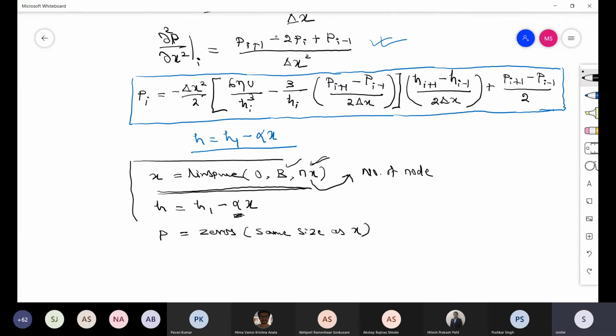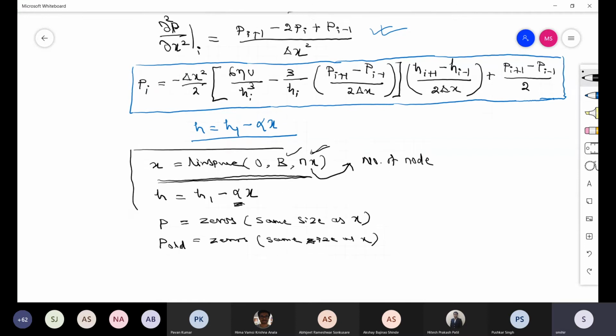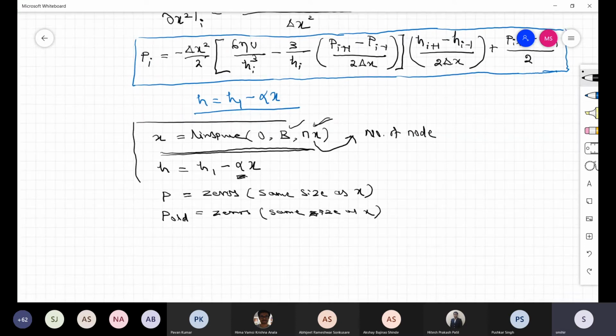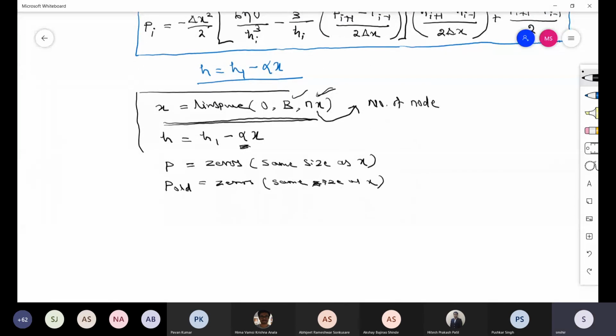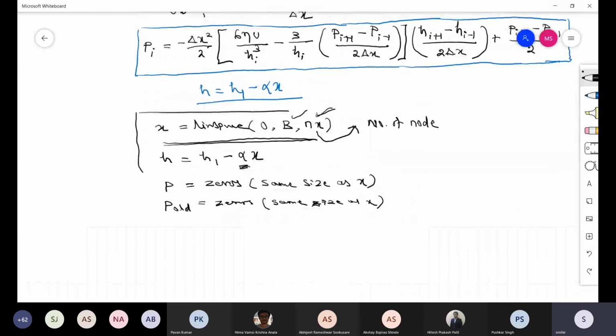Similarly, define another P, let's say P old, which is again zeros. This is the initialization, with the same size as x, or you can say P old equal to P. Okay, now let us start the process. This is the iterative process. You start solving from point 1.